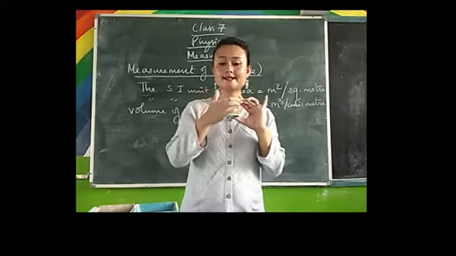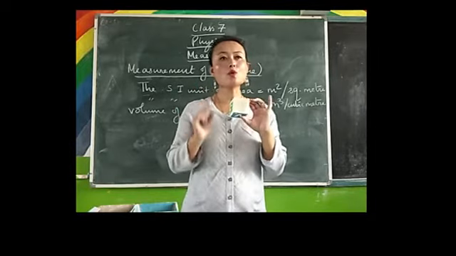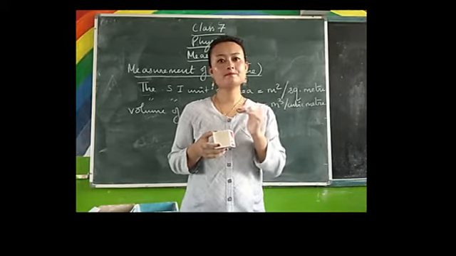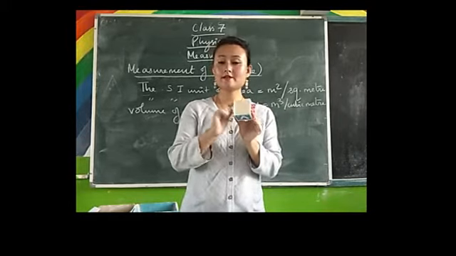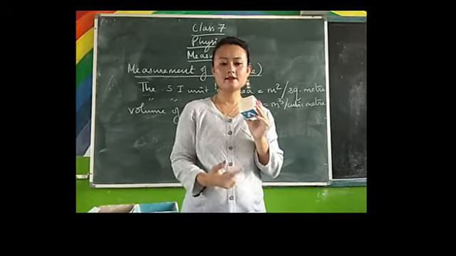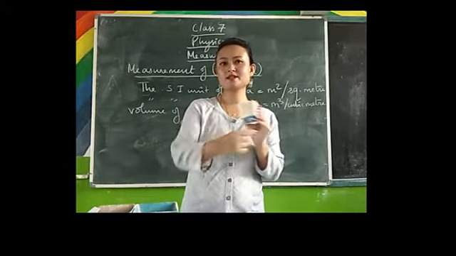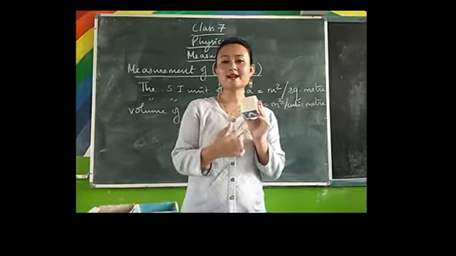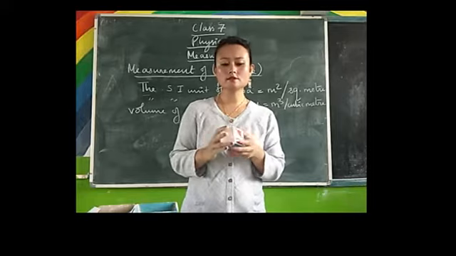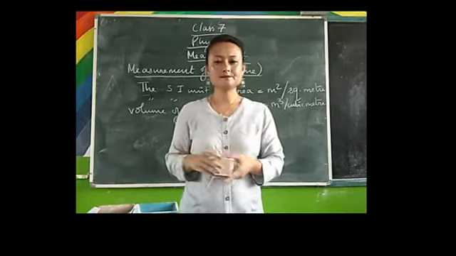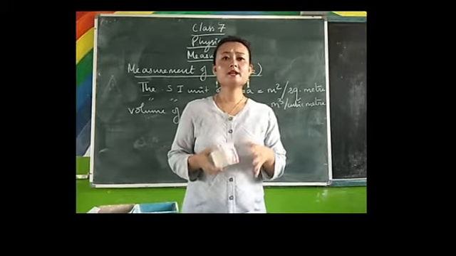A cube has length, breadth and height, and all the sides of a cube have the same measurement. That means if length is 5, breadth will also be 5, height will also be 5. So in a cube we say sides, because the length, breadth and height will all be equal.